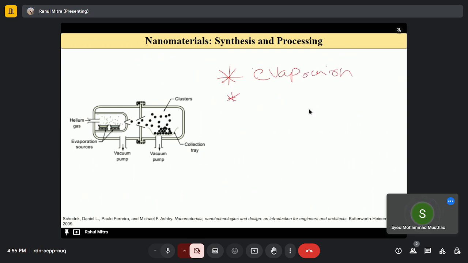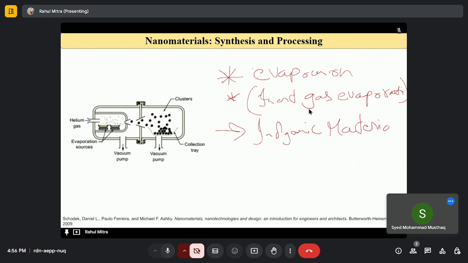We have the material which needs to be evaporated, which is an inorganic material, ready to evaporate.